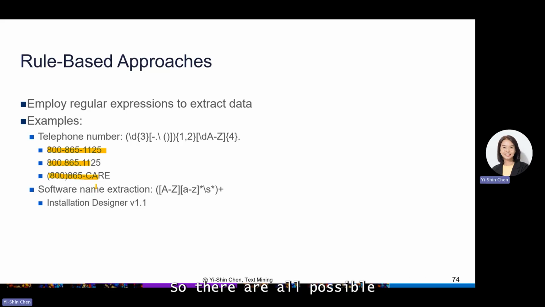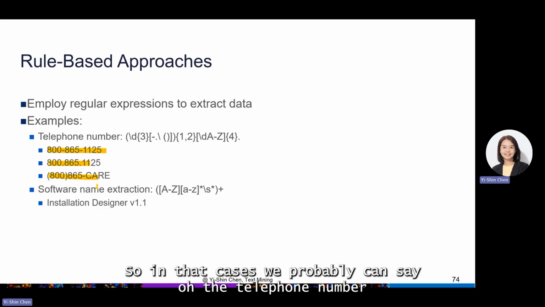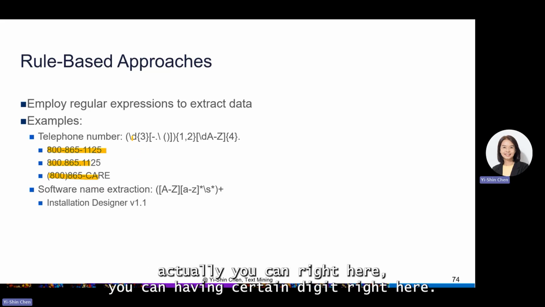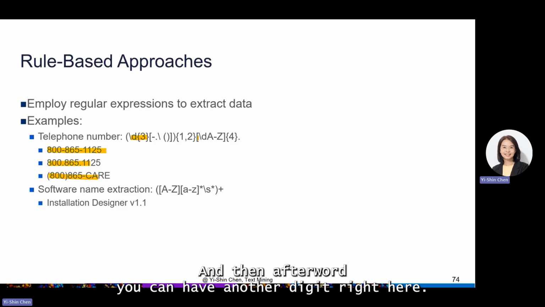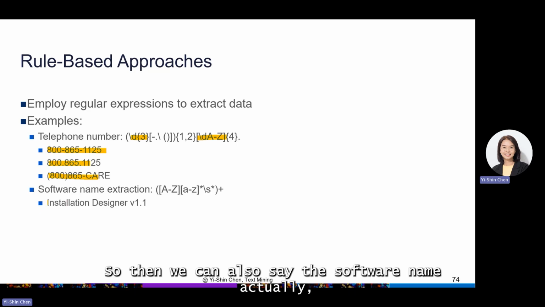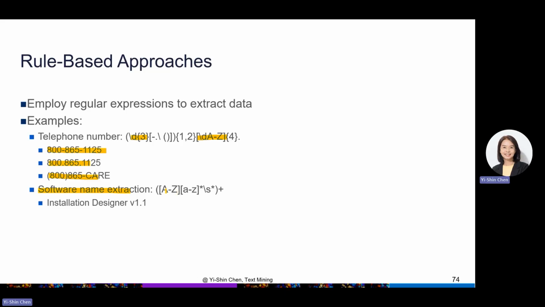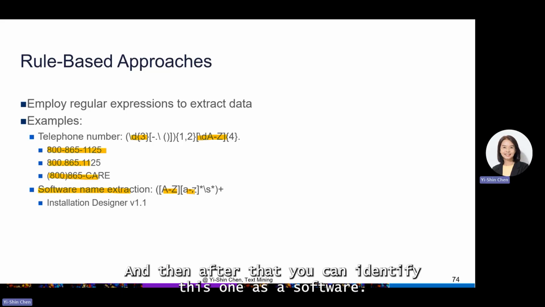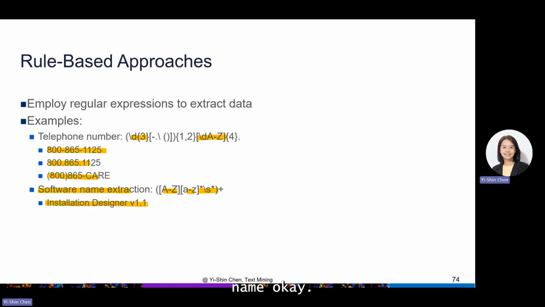So they are all possible. In that case, we can say the telephone number can be written like this: you can have certain digits right here, and afterward another group of digits right here. Those are the possible ways we can think about a telephone number. We can also say a software name will utilize different patterns, and then after that, you can identify this one as a software name.